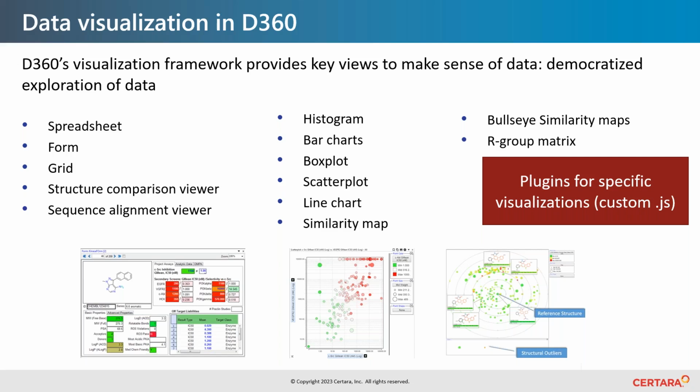And here the plugins can really also extend the visualization capabilities. So the plugins have custom JavaScript that they can run. One mention here is maybe we are going to add spider plots in the future, which is quite exciting.